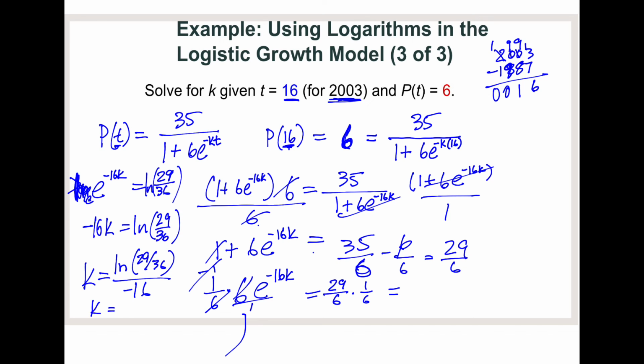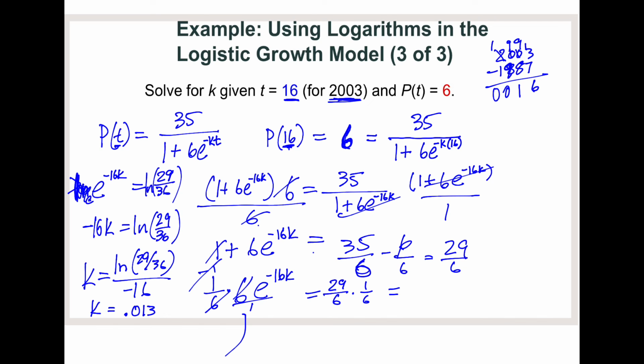And so here's where we turn to our calculators. ln of 29 divided by 36. Divide that by negative 16. We get 0.0135. Let me make sure that's a 5.